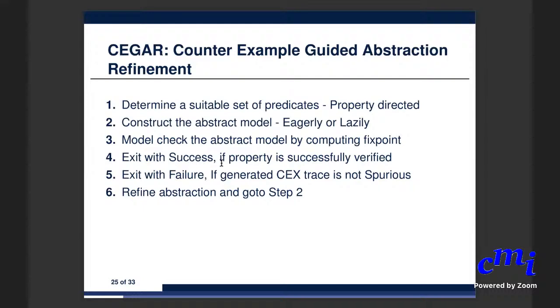If you succeed in verifying the property, because it's a conservative abstraction, the property also holds in the concrete system, so you can exit with a success result. But if it fails, it could be a spurious false alarm. Then you generate a counterexample trace on your abstract model, and check if it is spurious or not, for which you will have to simulate it on the concrete model.